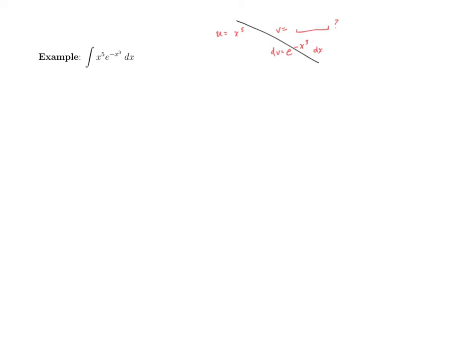The next possibility that might jump out to us is, how about trying a substitution? We do see this inside function, x cubed, and I don't know, its derivative is somewhere in that outside function. So we could try, let's call it w, to be x cubed. If w is x cubed, dw would be 3x squared dx.